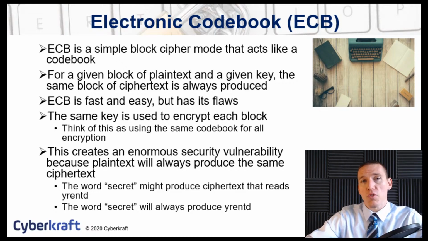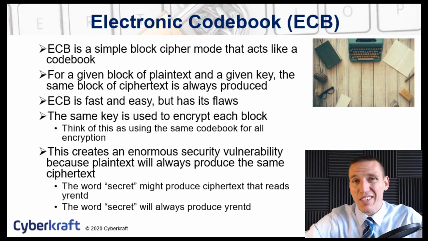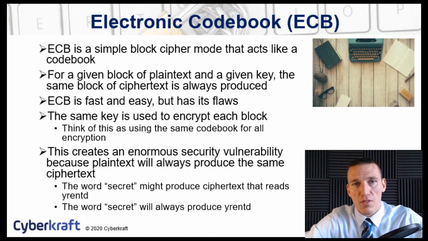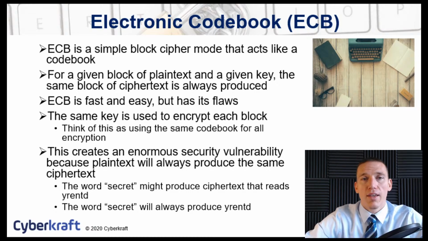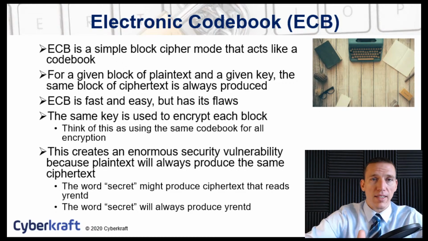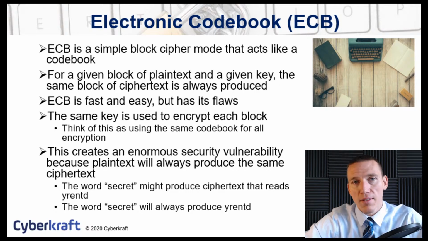You'd still have the same string of letters, the same size as your sentence, because you would just be substituting out each letter, and that's one of the main characteristics of ECB. You have basically the same size message from plain text translated to ciphertext.